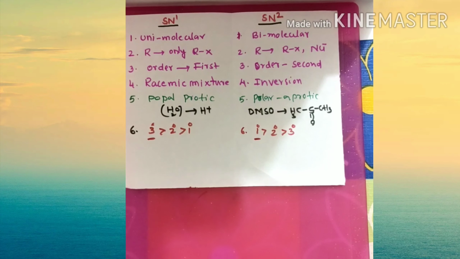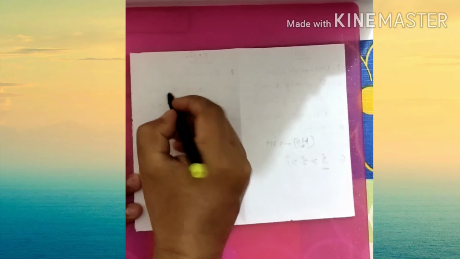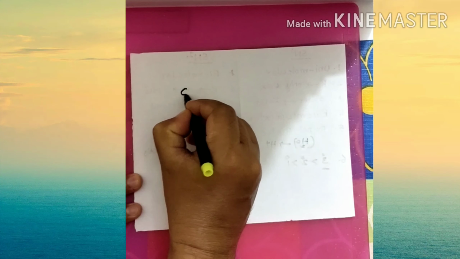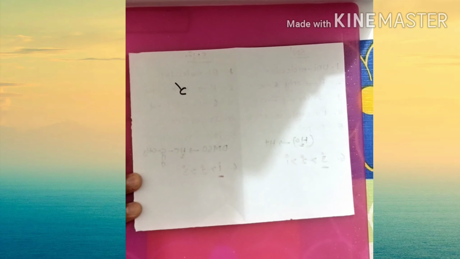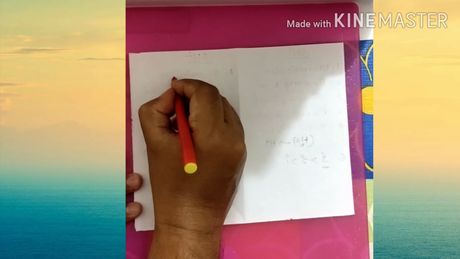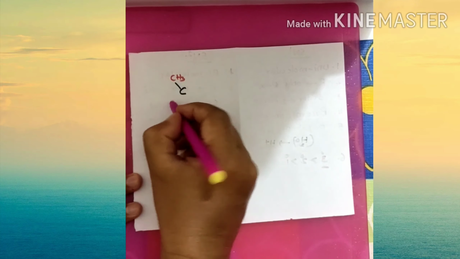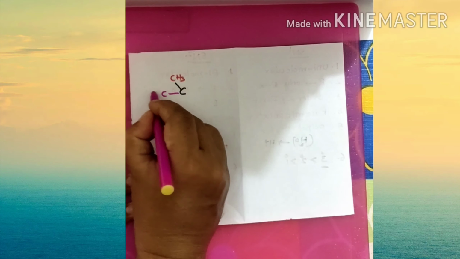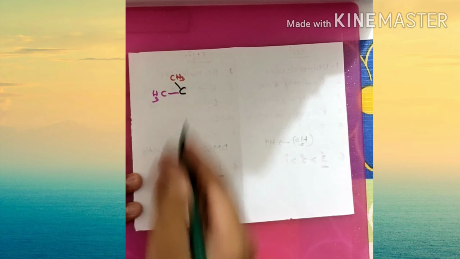Let me discuss why a 3 degree alkyl halide is not capable of SN2. It is a single step reaction. Here I am taking a 3 degree alkyl halide.